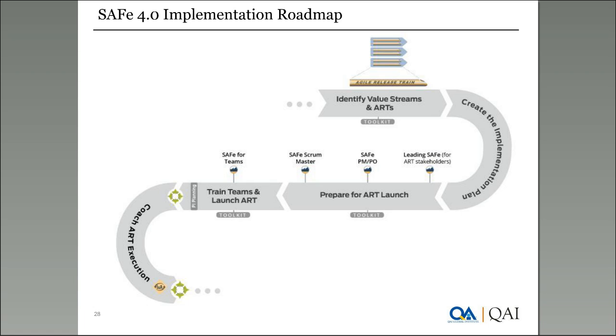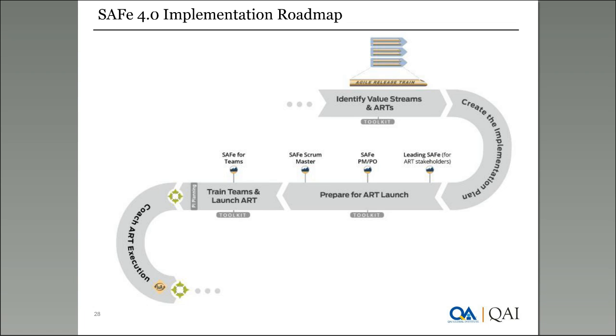So typically we need to train the executives, we need to train the change agents, and all those stakeholders. There are a lot of trainings and certifications available. To train the change agents, we have the SPC4 certification.